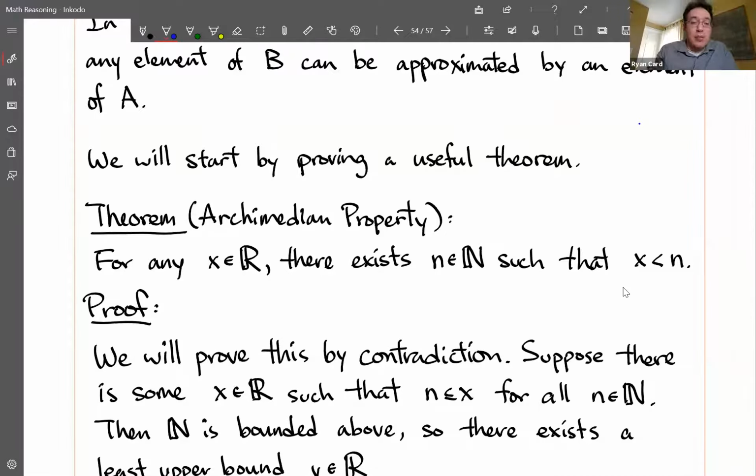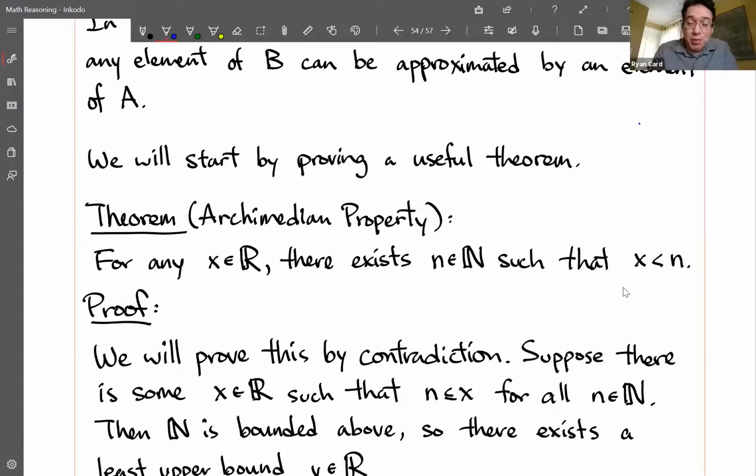So this says that for any real number x, there exists a natural number n such that x is less than n, right? So this might seem completely obvious that there's always a natural number bigger than any real number, but it doesn't come from any axioms we've discussed or any other theorem that we proved in the class.